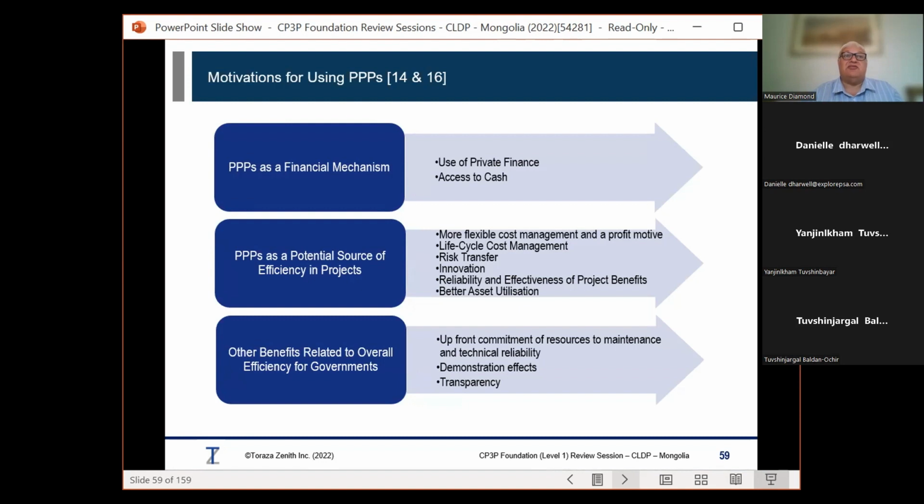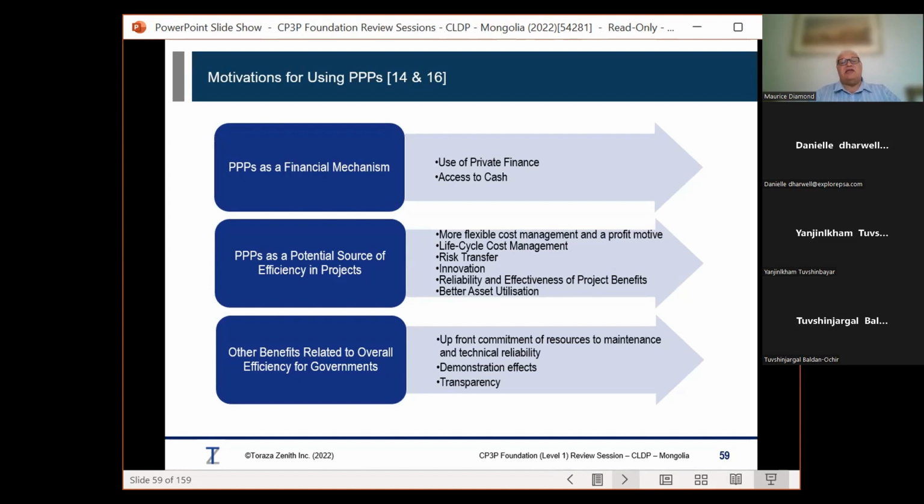Certainly, that was the raison d'etre for doing PPPs in the UK in the 1990s, because if we had tried to finance infrastructure projects ourselves, we would have been in breach of our agreements with the IMF. So the way around it was actually not to borrow, but to go to the private sector and ask them to deliver services. And in delivering those services, they constructed an asset, and that asset then could be handed back to the government at the end of the deal. So we've got the financial mechanism.